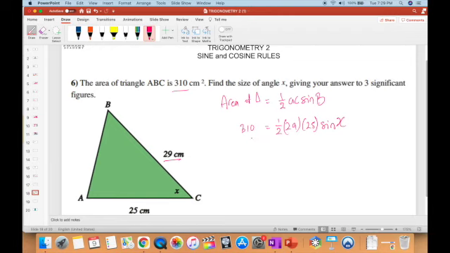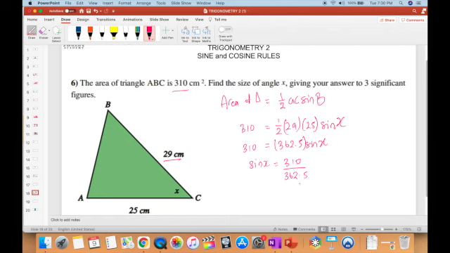Alright, so we look like we're going good so far. 29 times 25 divided by 2 is equal to that. So 310 is equal to 362.5 sine x. Did you get that? So 362.5, I fling it across, so I'll get sine x is equal to 310 divided by 362.5.